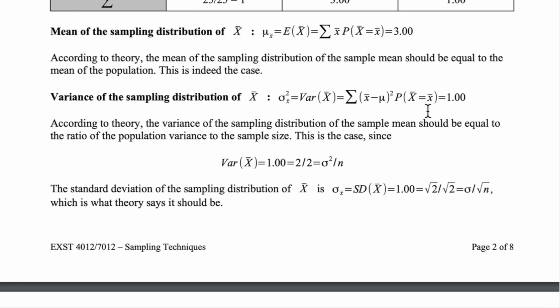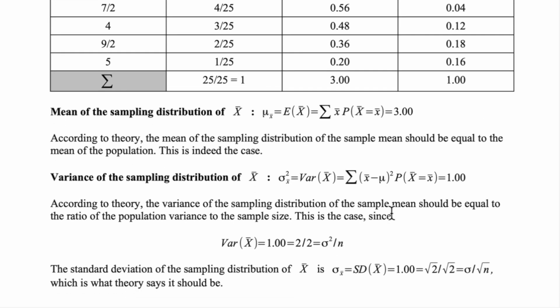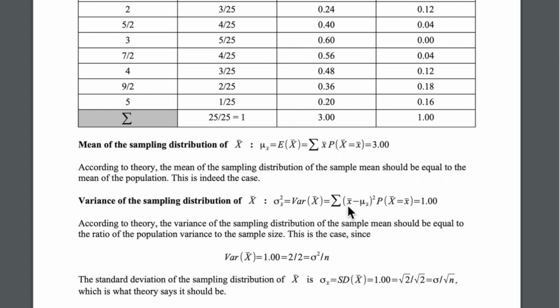It's a weighted average of the squared deviations of each value that X bar can take on from the mean of its sampling distribution, which is mu sub X bar, but that's also equal to mu because mu sub X bar is equal to mu. I suppose I could clean this up a little bit to say mu sub X bar, and let me see if I can do that here real quick. Okay, so I cleaned that up a little bit. I prefer using this notation, but it was correct the other way as well; I just want to make this more clear.